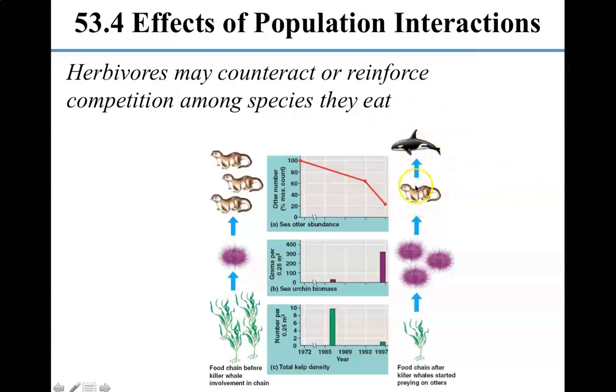As the killer whales ate the otters, there were fewer otters, and with fewer otters, it meant there were more urchins, and with more urchins, it meant there was less kelp, and you saw this collapse in the community. So you could say that the otters are a keystone species here because when they're removed, the community undergoes big shifts and you see a reduction in the amount of kelp.